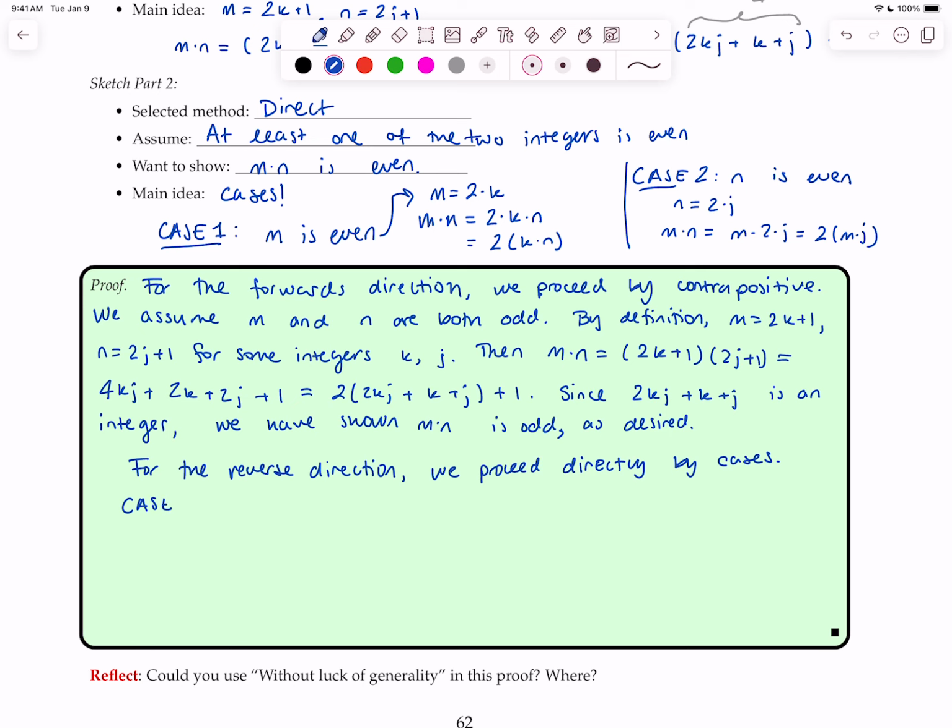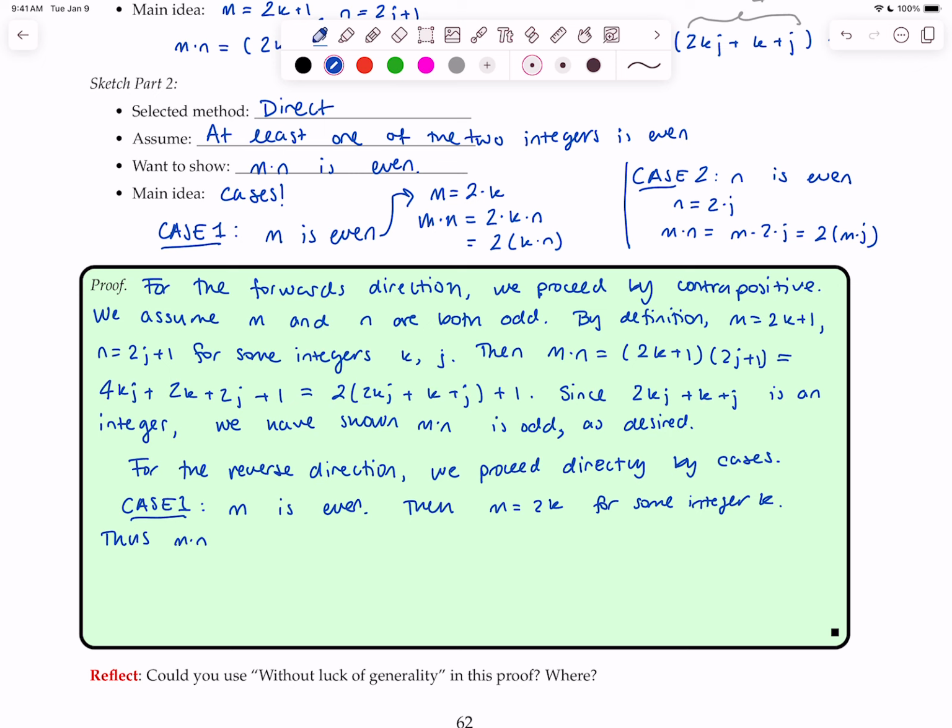Okay. So what's case 1? Case 1 was m is even. So then we know that m is 2 times k for some integer k. Thus, what do we want to show? We want to show m times n is even, so we follow our sketch.